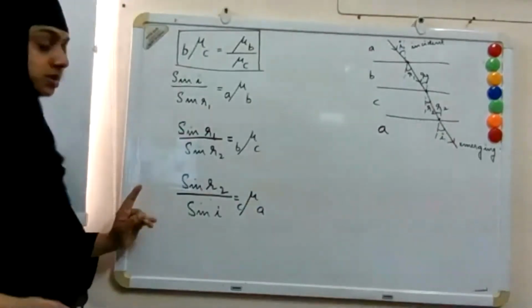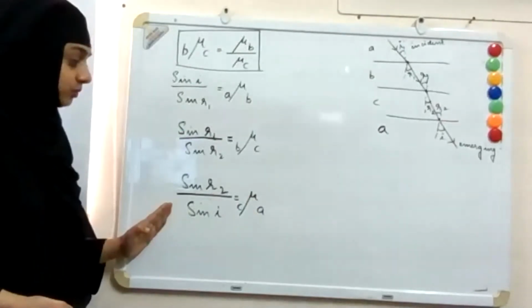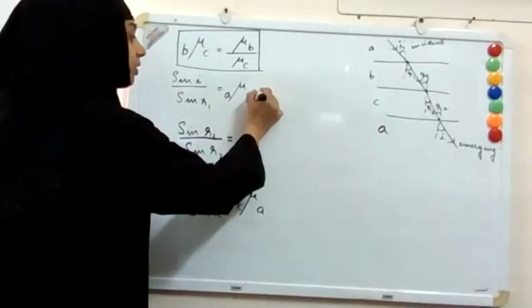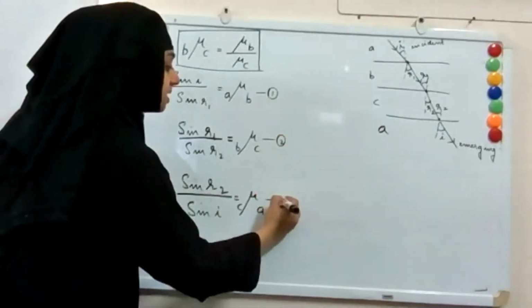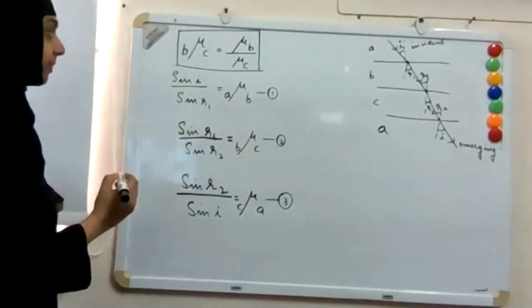Are these three equations clear to you? These three come directly from Snell's law. Yes, teacher. It's clear. Now, what I am going to do is multiply these three equations. Let us see what will happen.